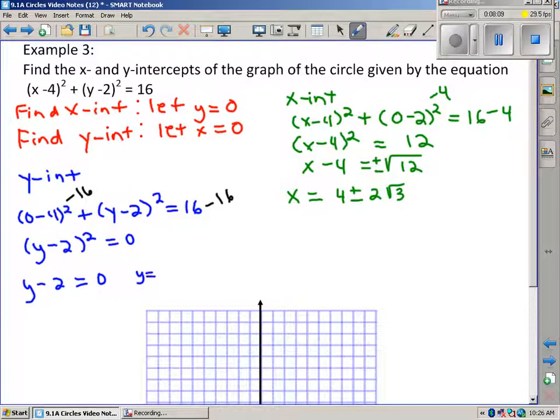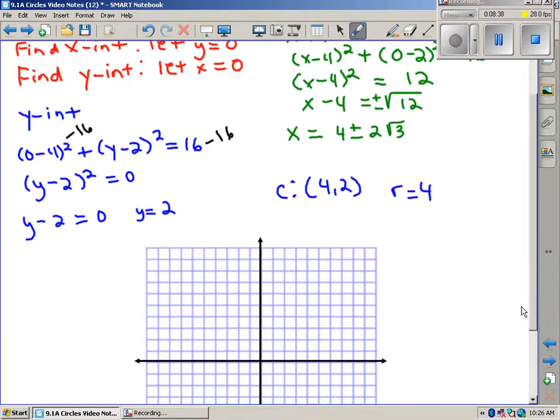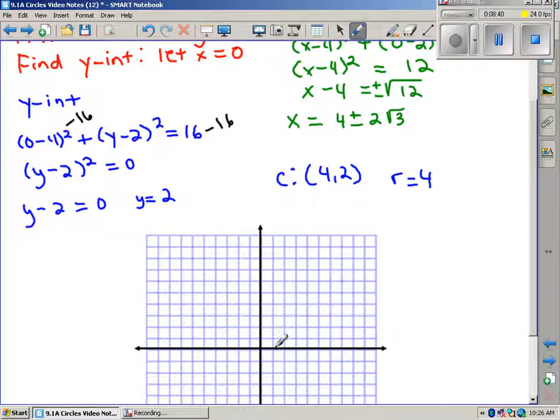So I have actually finished the problem, but I'm going to go ahead and take 1 extra minute to graph this guy. So what is my center? My center is going to be 4, 2, and my radius is 4. So I can go ahead and plot those points. So I have over 4 up 2 for my center.